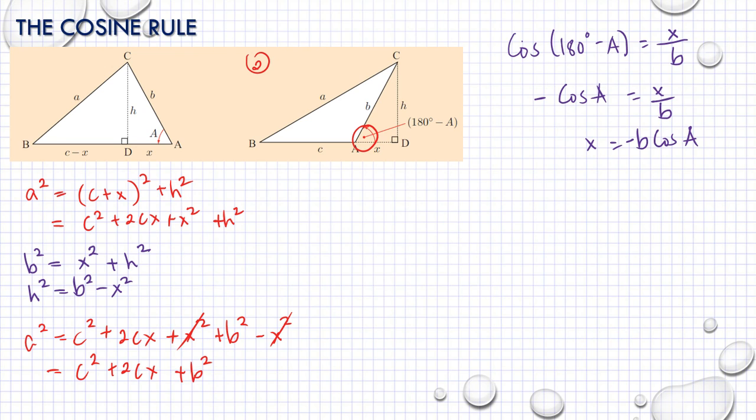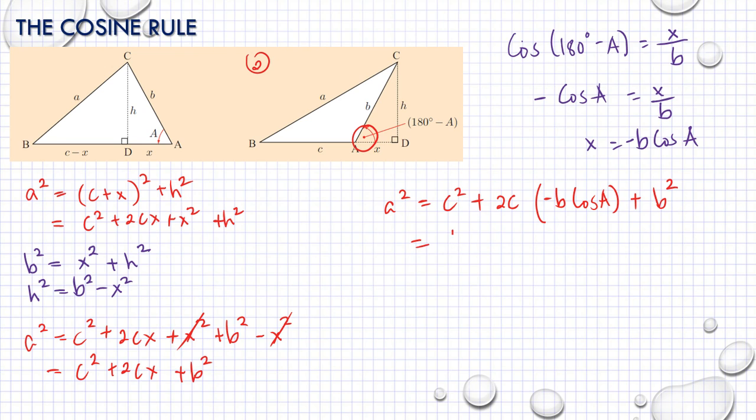Substituting once again, we have A squared is equal to C squared plus 2C, and the value of X is negative B cosine A, plus B squared.